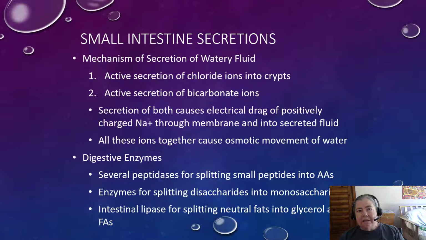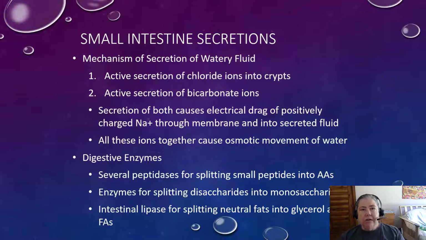And because of all of the movement of these electrolytes, we also have osmosis, water following them. Chyme is often hyperosmotic, and so there is a pull of water into the lumen of the intestine from chyme, along with the movement of these electrolyte ions bringing water with them.